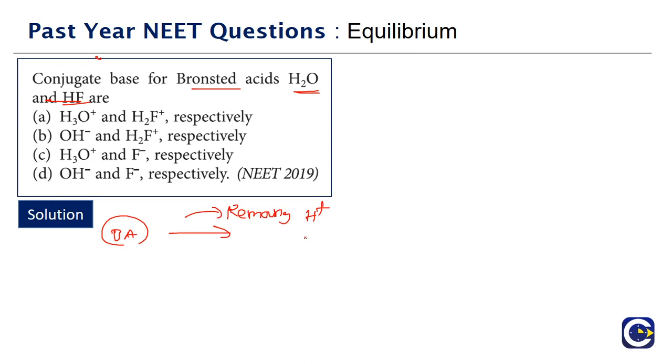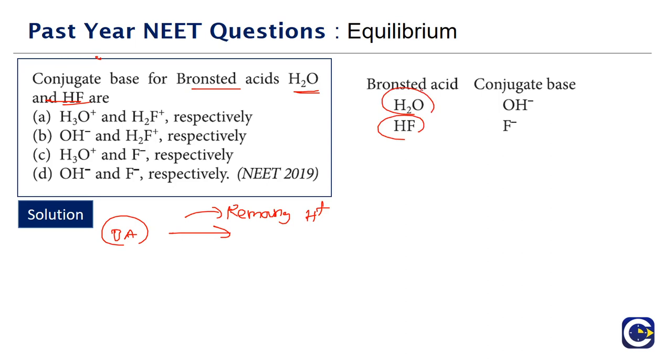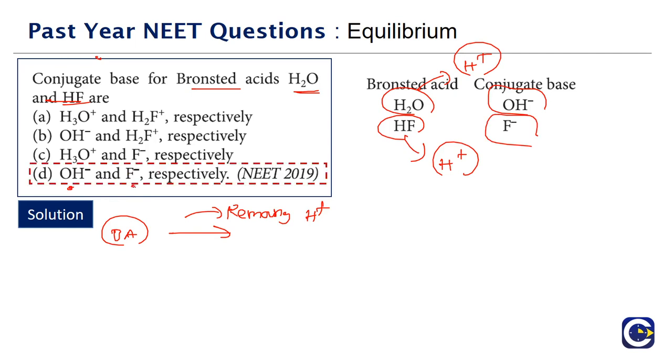We are given H2O and HF. Remove H plus from H2O, and we are left with OH minus. Similarly, if we remove H plus from HF, we are left with F minus. So the conjugate base for H2O is OH minus and for HF is F minus. The correct answer is option D.